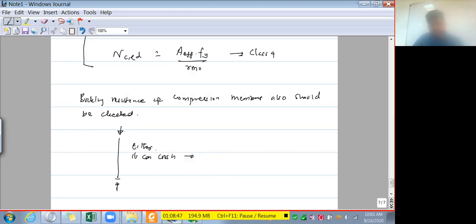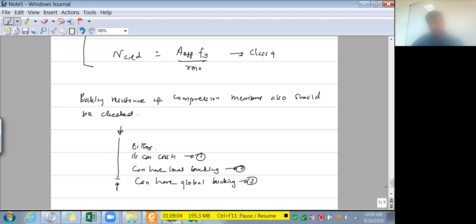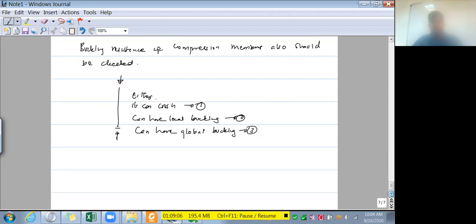One option can have local buckling. Second option can have global buckling. Global buckling means when you have a member and you apply a compressive force, it buckles like this.